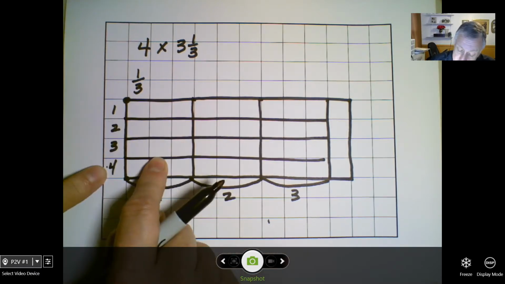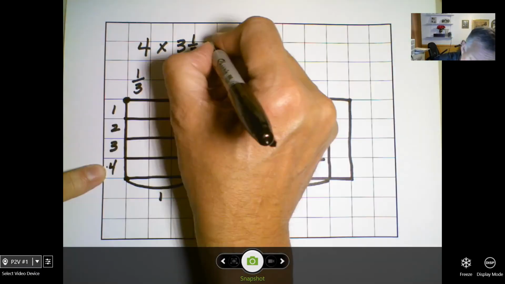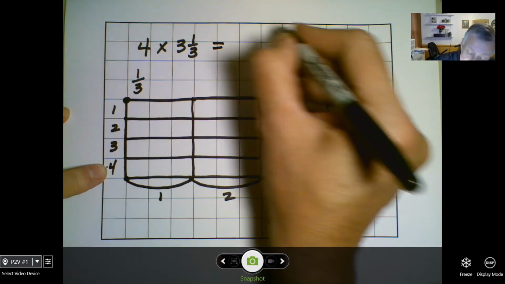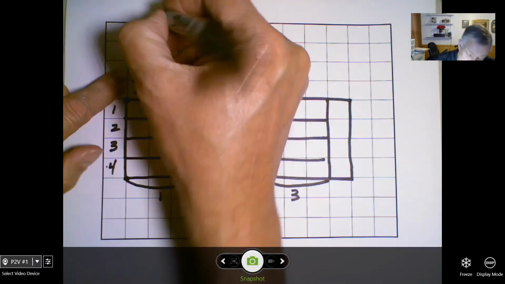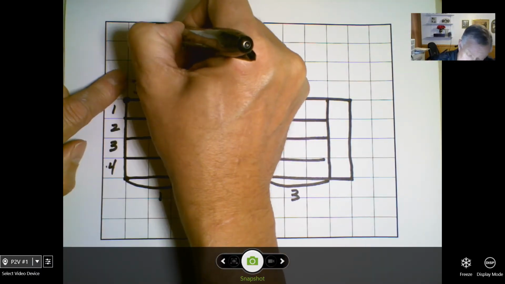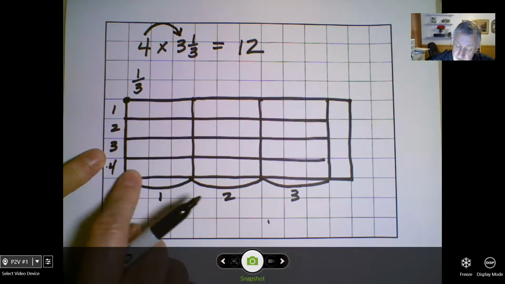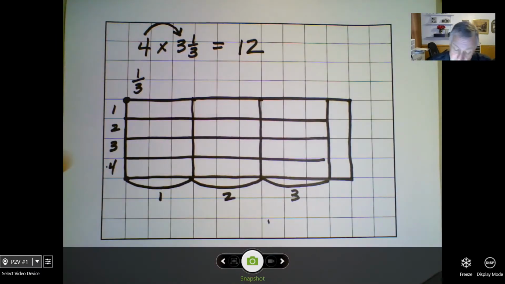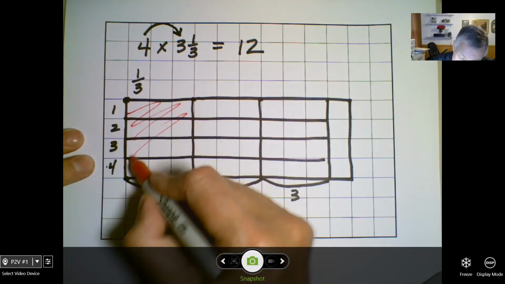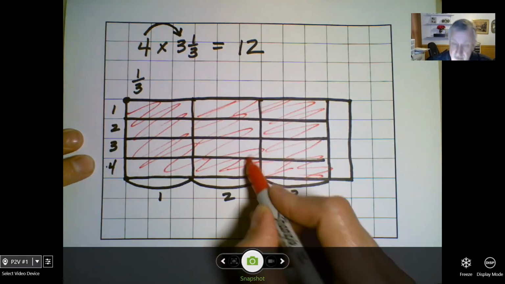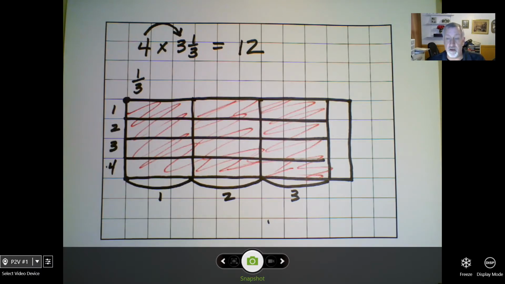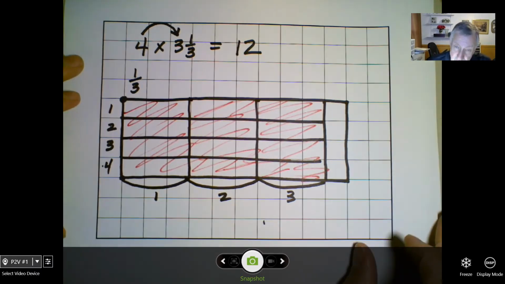Okay, and there's 4, 8, 12. So the first part of this problem is 12, okay, because I've multiplied the 4 by the 3, and that takes care of everything that's inside here. Okay, all of that, the area is 12, but I still have a little bit more that I have to figure out.